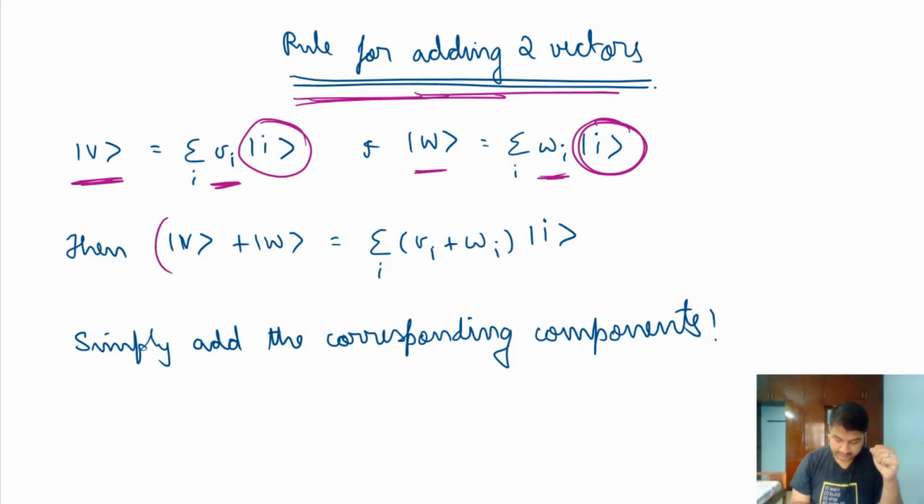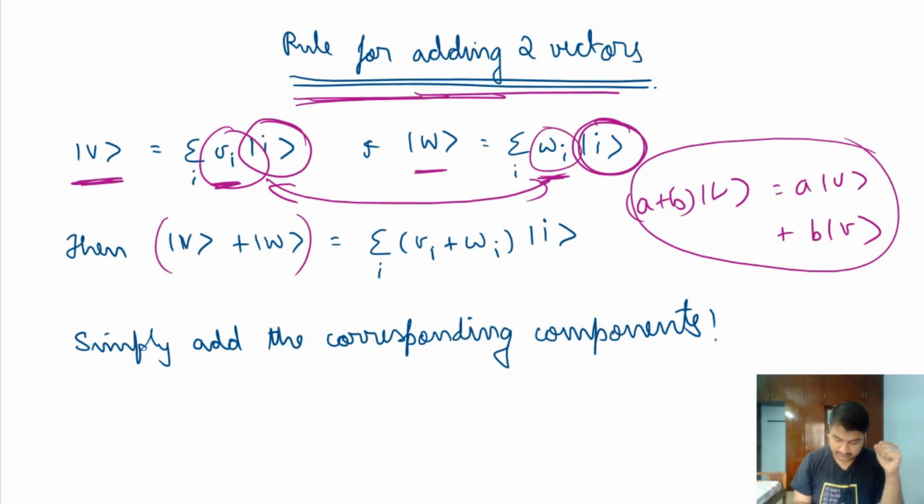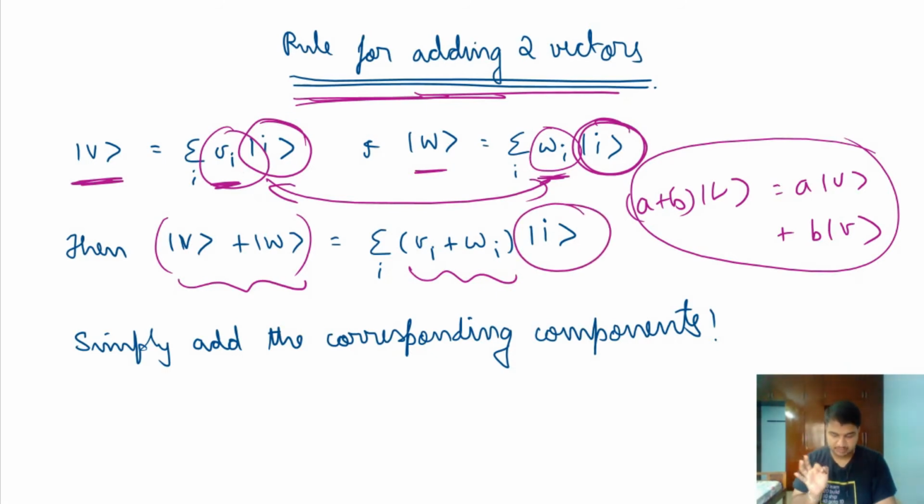Then we can write the sum v plus w as simply the summation over i. Using the property that a plus b times v equals a times v plus b times v, we can combine these and group the coefficients together. So summing up these two vectors is the same as adding their corresponding components, provided we are expanding them in the same basis.